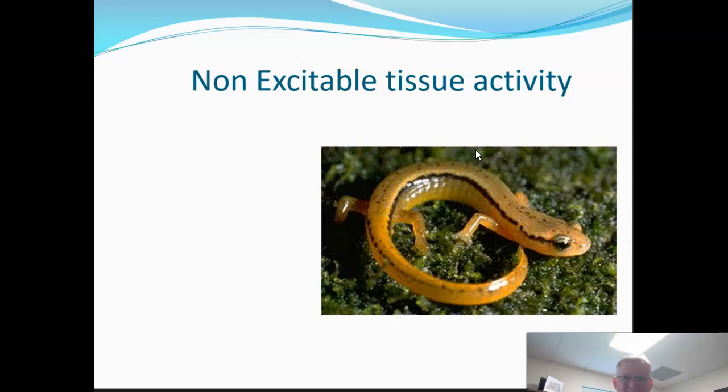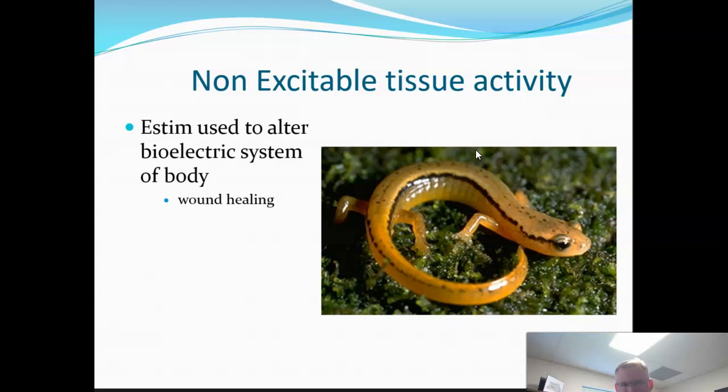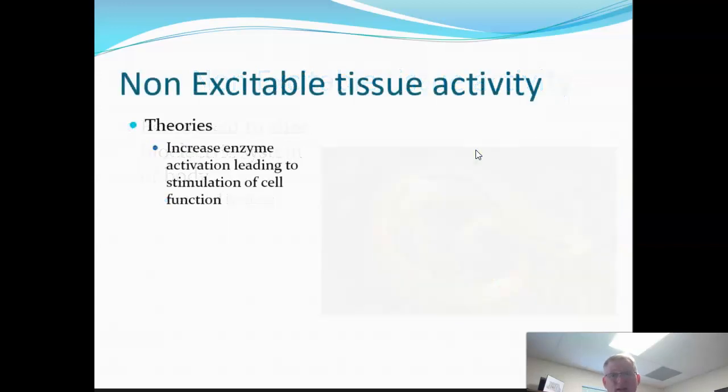I'll tell you a story about a salamander when we get into class, but ultimately it's from a healing standpoint. A lot of this stuff comes from a healing standpoint, and we're using the electrical current to alter or restore electrical gradients that get disrupted after injury. And if that's the case, the theory sounds pretty good. Whether that actually happens, it's hard to quantify what's going on.